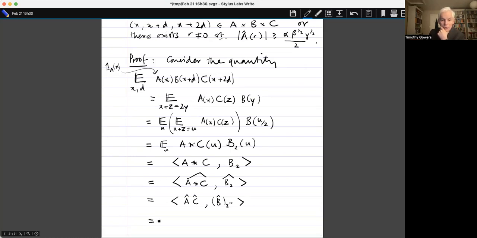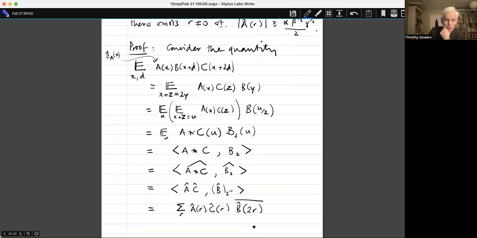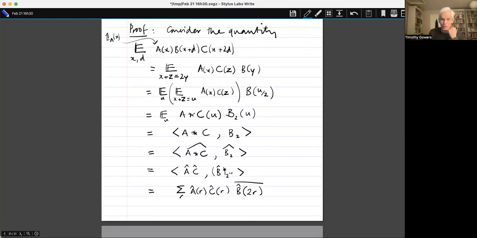And that equals, let's just write out explicitly what that thing is. It's the sum over all r of A hat(r) C hat(r) times the conjugate of B hat(2r). That's just using the definition of the inner product, the definition of the dilate by 2 to the minus 1, the definition of a pointwise product, and the definition of the inner product on the Fourier side.